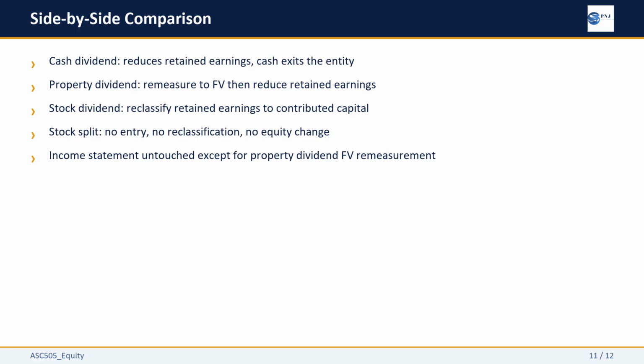Stock dividends reclassify retained earnings into contributed capital, but nothing leaves the entity and total equity stays constant. Stock splits require no journal entry at all. And across all four, the income statement is untouched except for the fair value gain or loss on the asset in a property dividend, which occurs in the remeasurement step and not the dividend recording step.